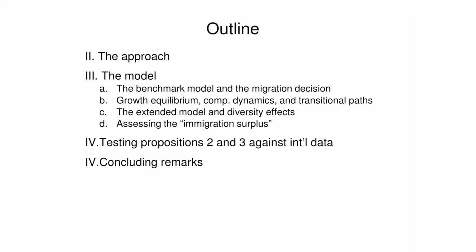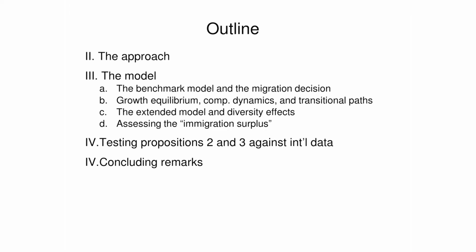So I'm going to try and present the approach, and then I'll talk about the model. And I'm going to talk about two kinds of models, as you will see later on. I'm going to talk about what happens in the model when we get to a growth equilibrium path. And I'm going to also take into account the possibility of some interaction that takes place between immigrants and natives to explain perhaps some of the composition changes that we are seeing, but other elements as well.